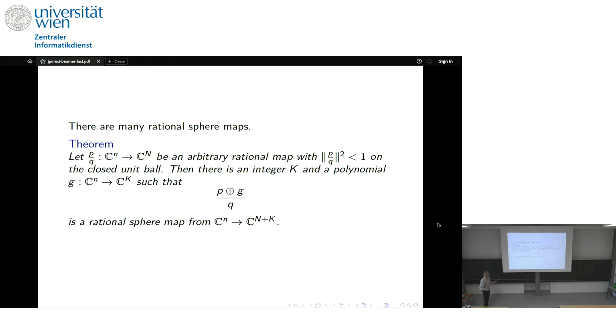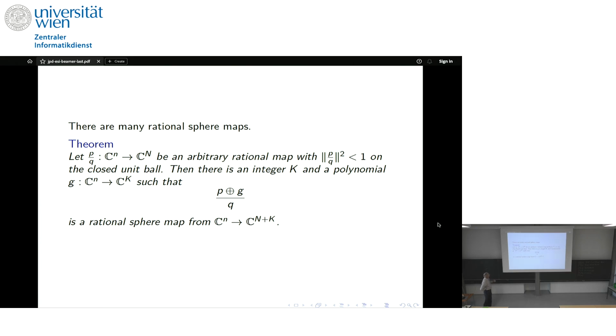Then no matter what it is, I can find an additional collection of polynomials that I call G, so that the original P over Q, P plus G over Q, is a rational sphere map. So this means that if I allow the target dimension to be sufficiently large, I can do anything I want. So the way to say this is there are lots of rational sphere maps.